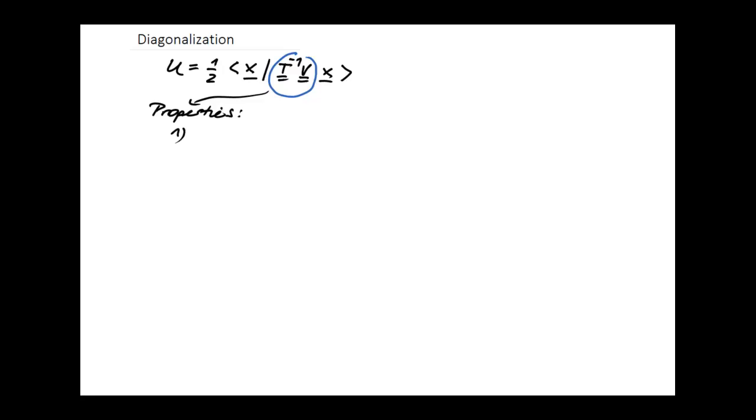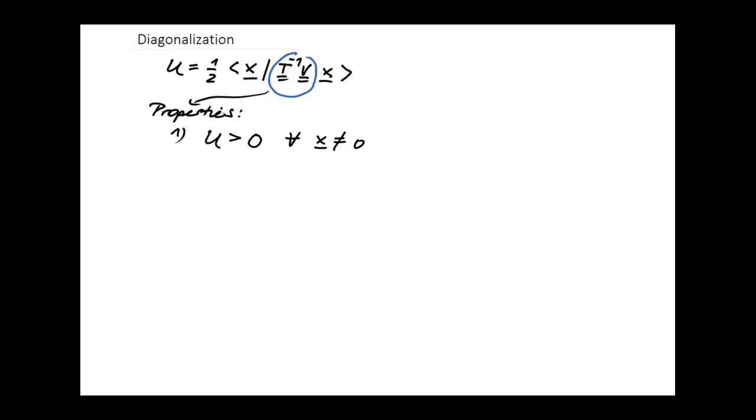First of all, if we have a genuine equilibrium, so a unique, stable equilibrium configuration, then we had said earlier that U, the potential energy, must be larger than 0 for all x different from 0.